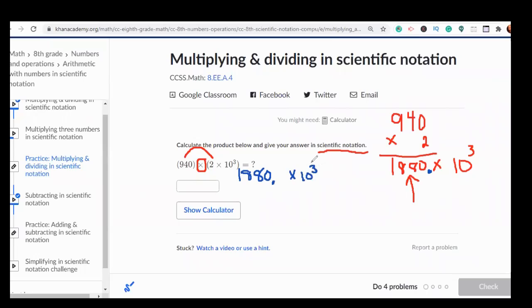We know the exponent tells us how many places to move the decimal and which direction. Positive 3 tells us to move it 3 places to the right. So 1880 moving 1, 2, 3. This is where the decimal should be, and filling in the zeros. So this is the number in standard form.